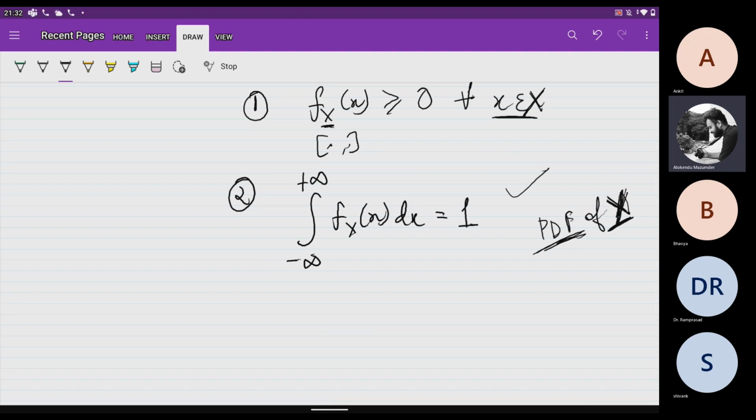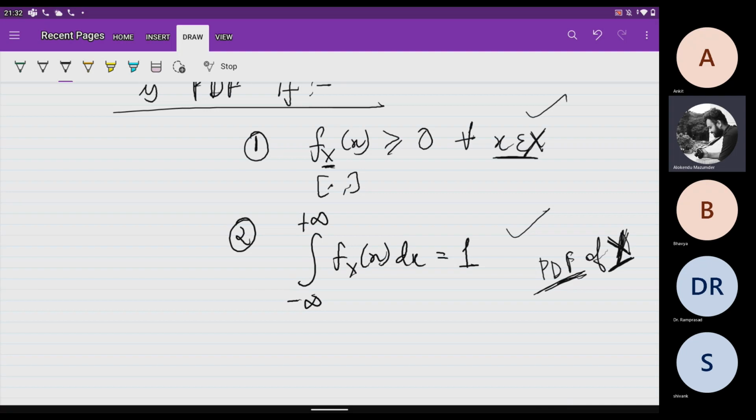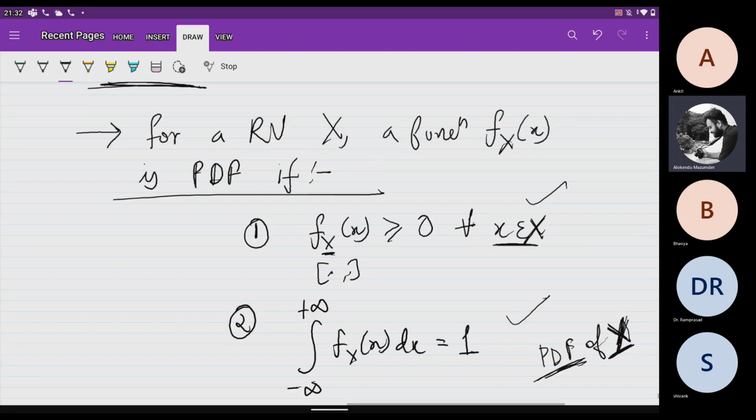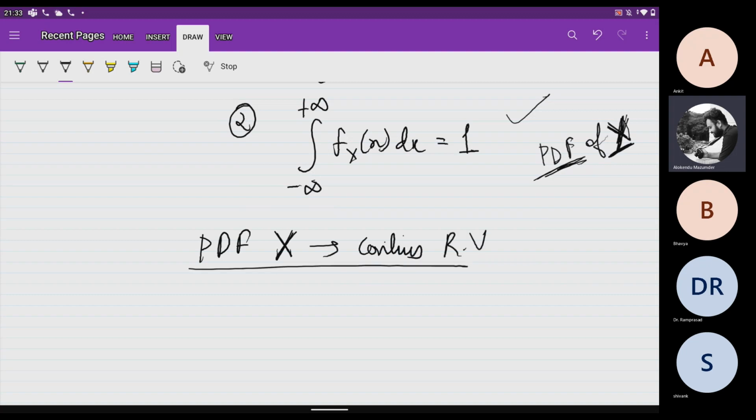Now, similarly, as we are doing integration here, the probability density function of any random variable X is only defined for a continuous random variable. For a discrete random variable, you have something known as the probability mass function.